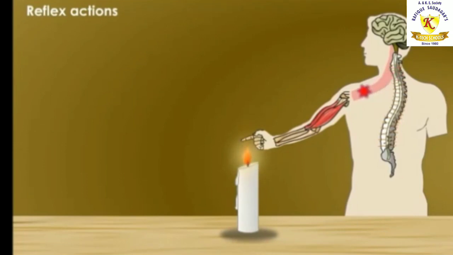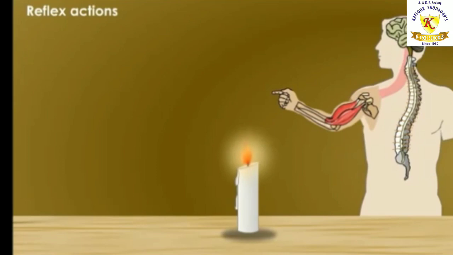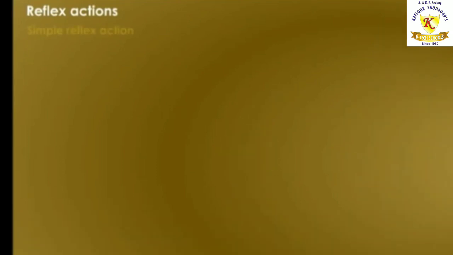Then this response travels down through a motor nerve to the muscles of the arm. The muscle of the arm receives the response and his arm muscles contract, lifting the person's finger away from the hot object. So, a simple reflex action.